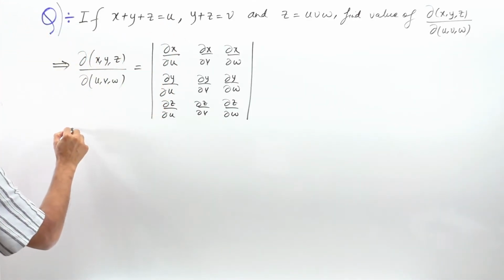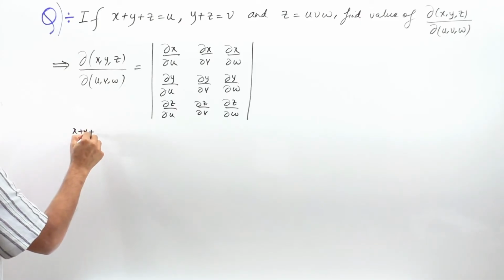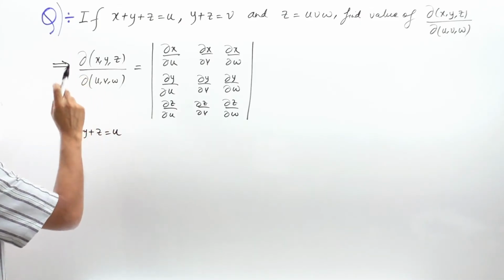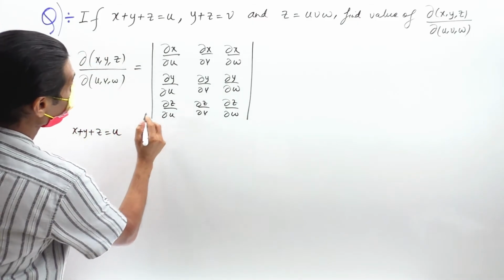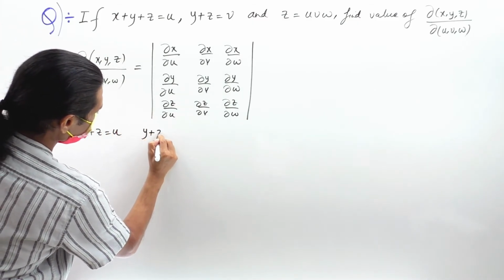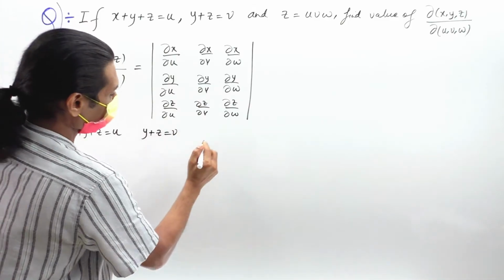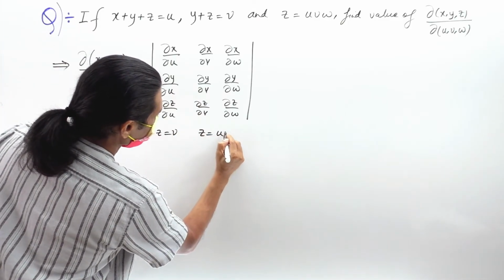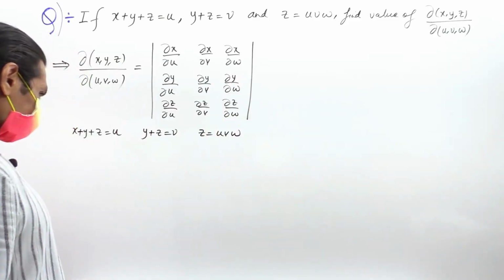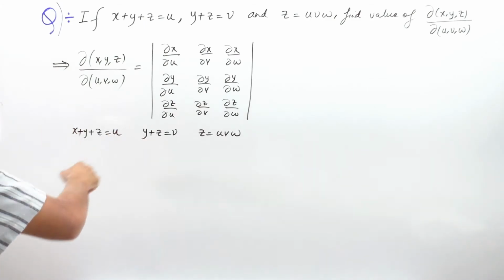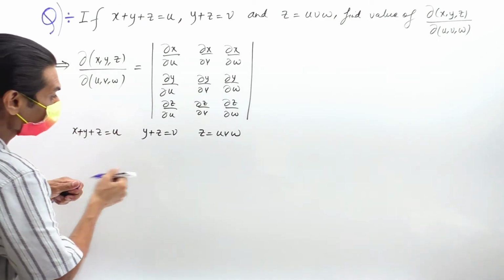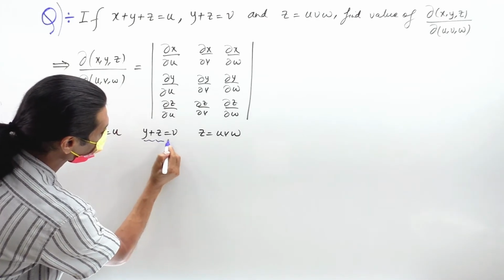So, we have x plus y plus z is equal to u, right? Then y plus z is equal to v and z is equal to uvw. Okay. Now, see here carefully, y plus z is equal to what?